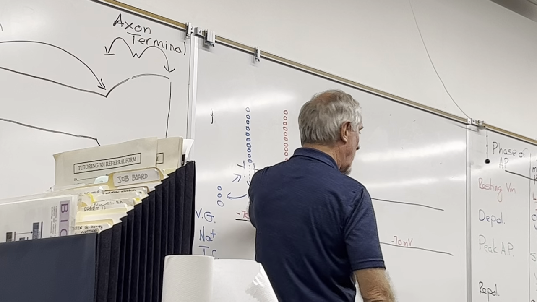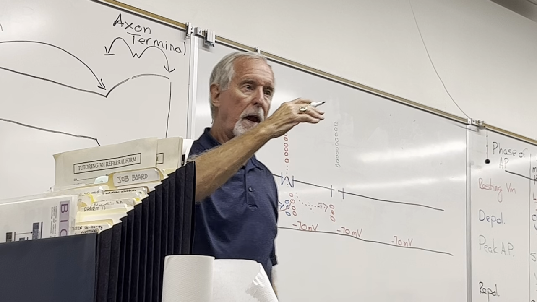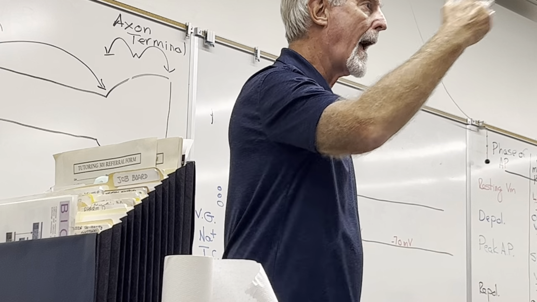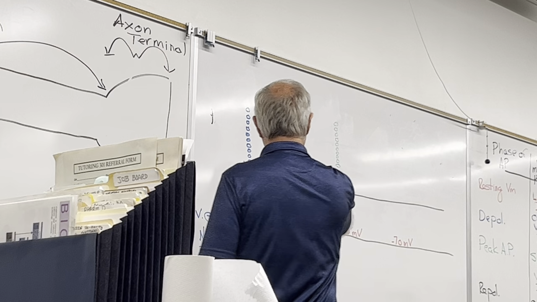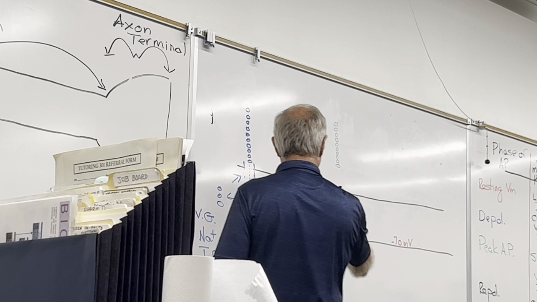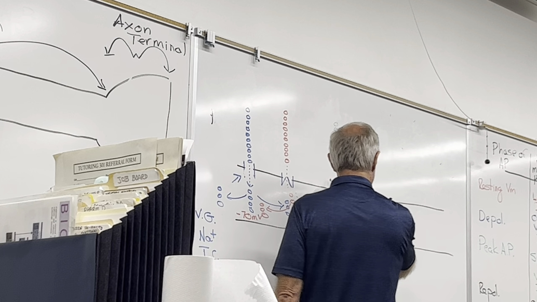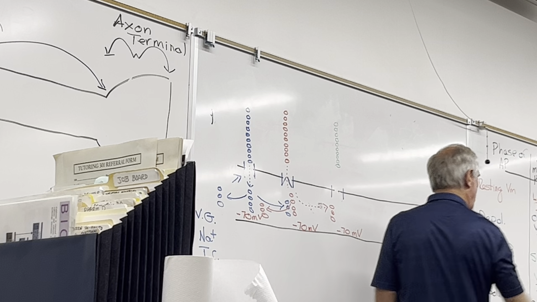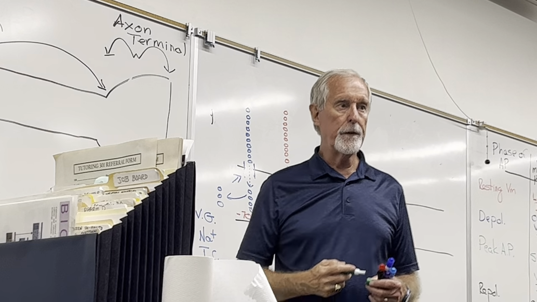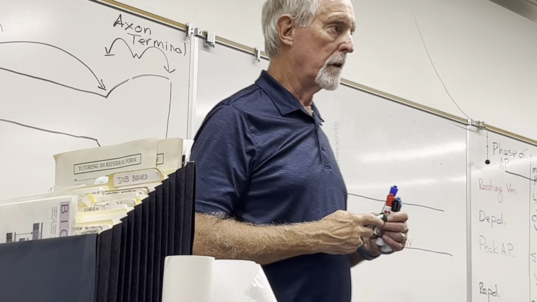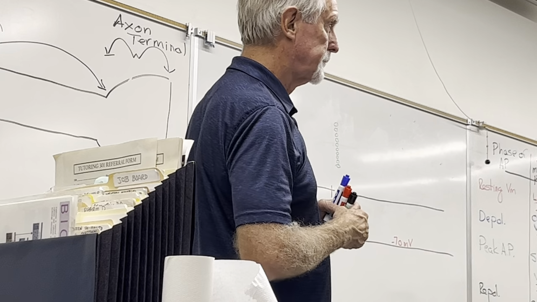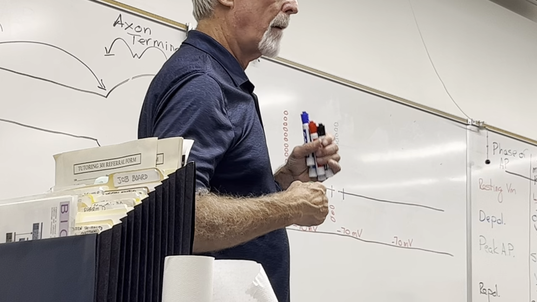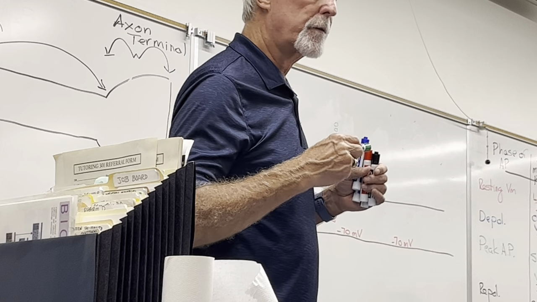And so, as we're going along, basically, there's an action potential being produced here, which causes an action potential to be produced here, which causes an action potential to be produced here, and it just is propagated down along the length of the axon until we get to the axon terminal. Let me stop there and ask if there are any questions. Don't be bashful, speak up.